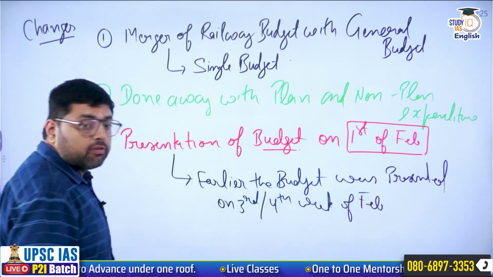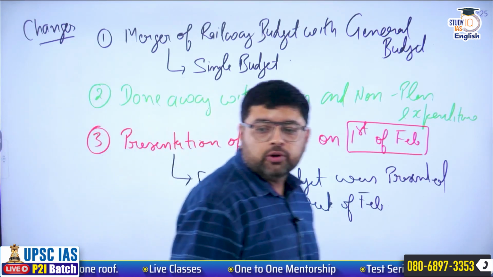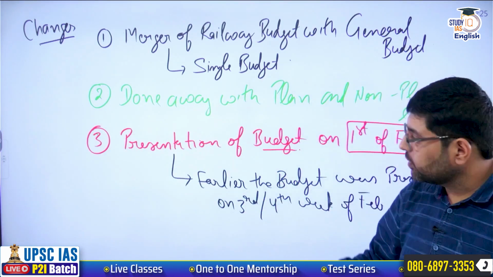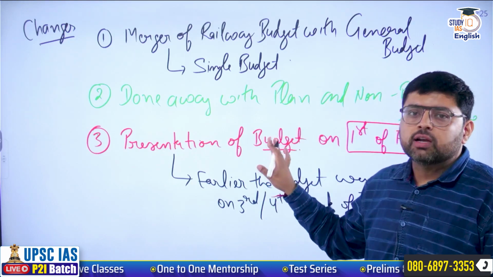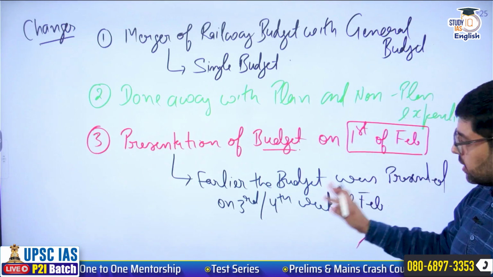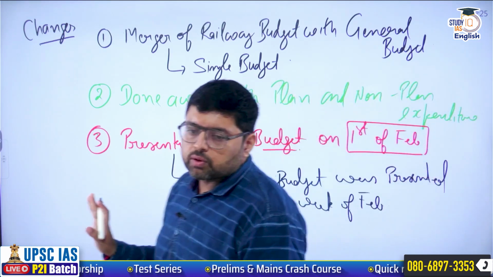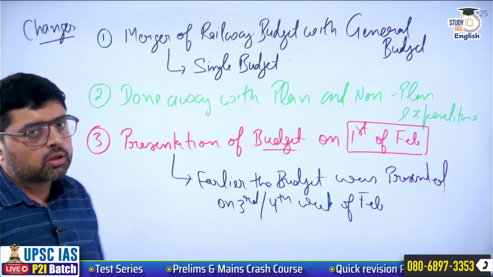So right now we have a fixed date, that is called budget day, that is 1st of Feb. Earlier it was the 3rd or 4th week of Feb, so there was no fixed date. This is the change we have brought.